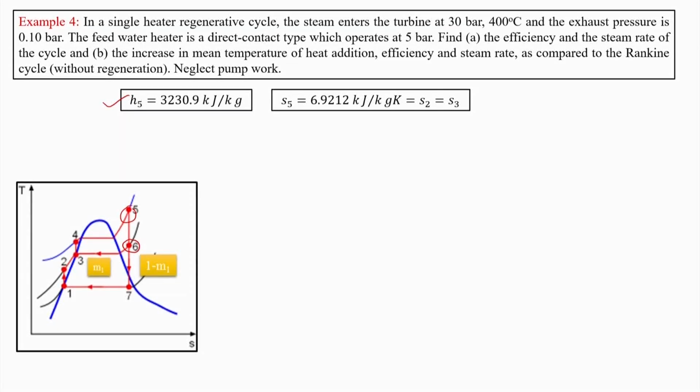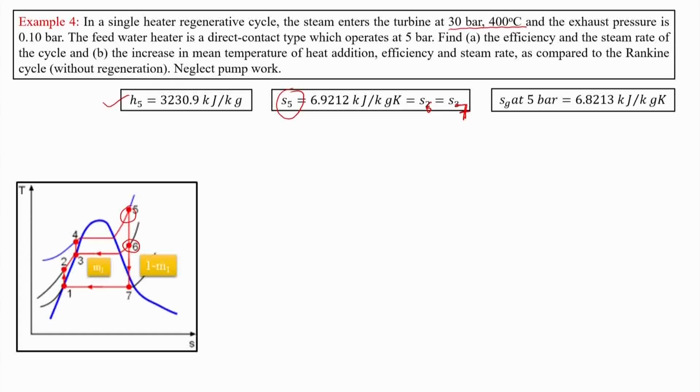We know at the same part of the steam table, corresponding to 30 bar and 400 degrees Celsius, we find out entropy S5. But this S5 is equal to S6 and S7.